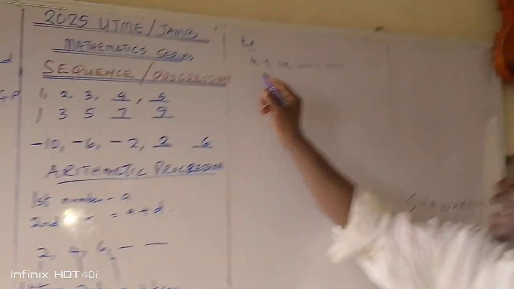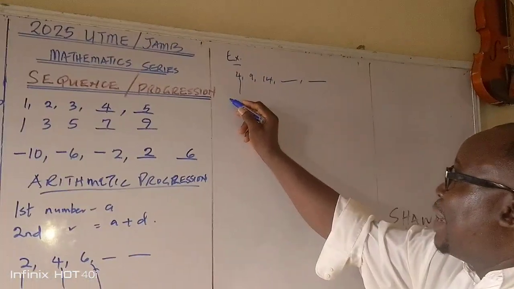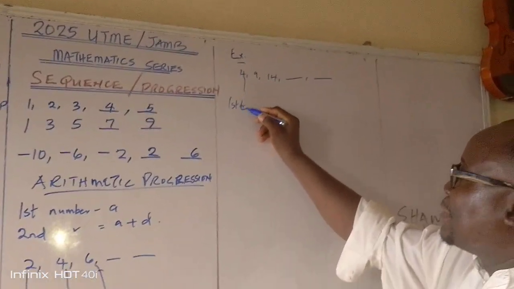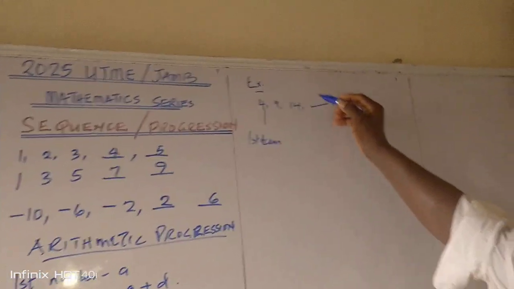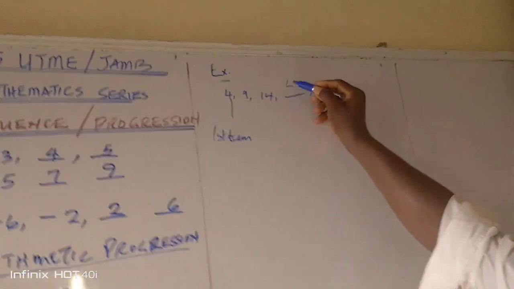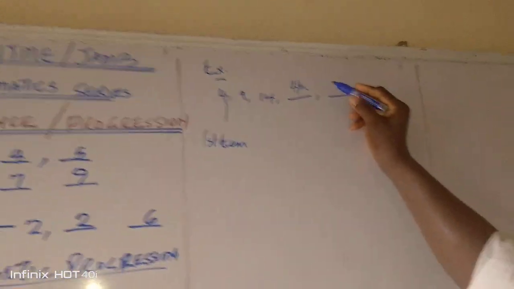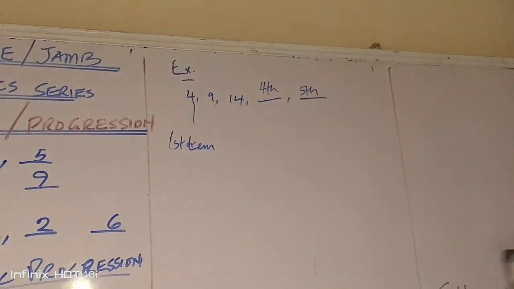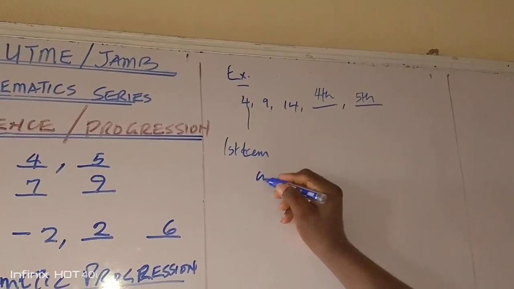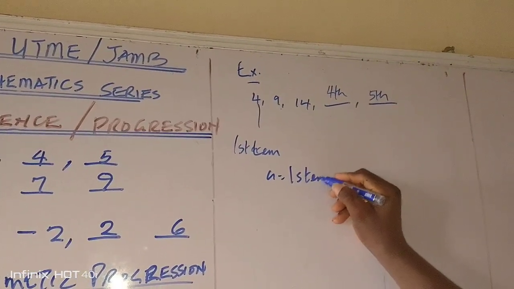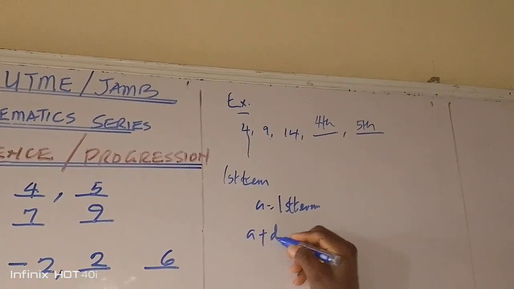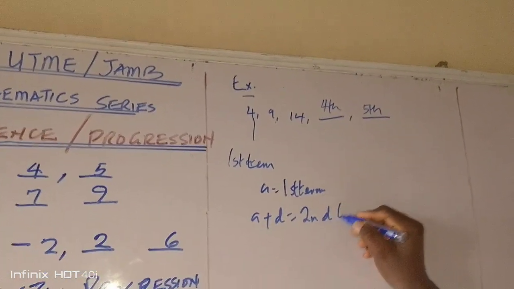Looking at this, A is my first term. The question says find the fourth term and the fifth term. The first thing I need to do is to find the common difference. I know that A is called first term, and A plus D is called second term.